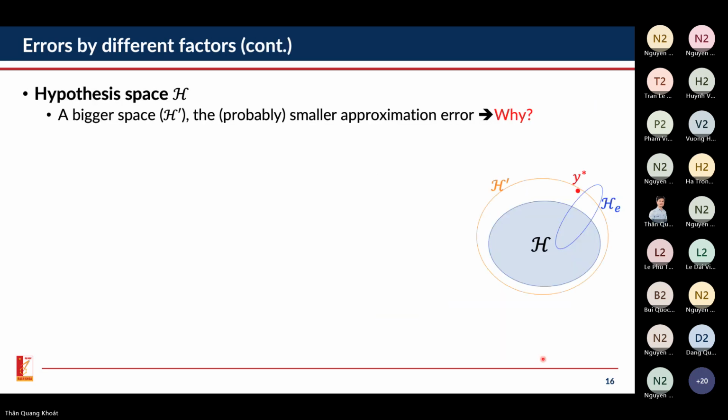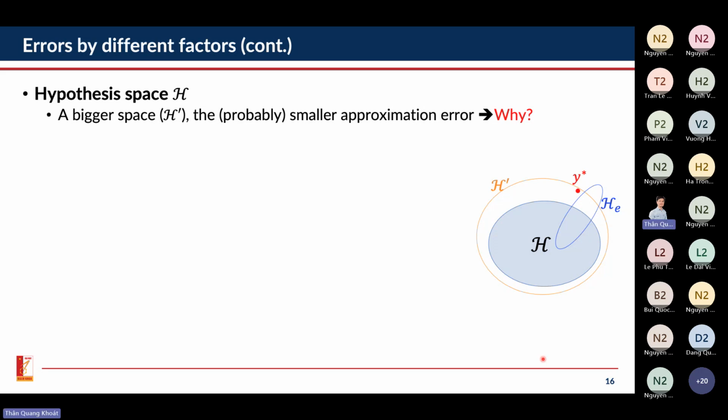Okay, so that is the first source. The second one is the model family you choose. Or in other words, the architecture you choose can pose some inherent error, right?